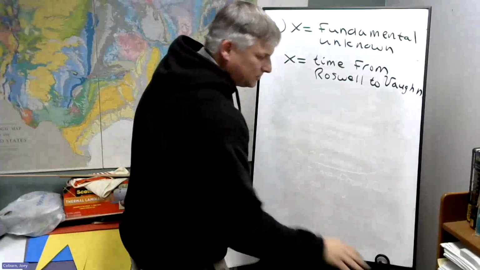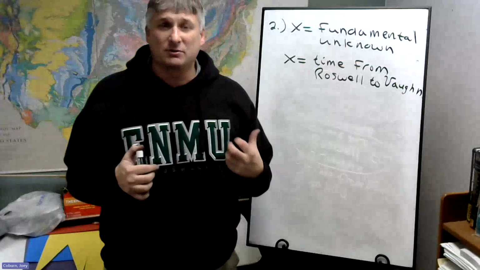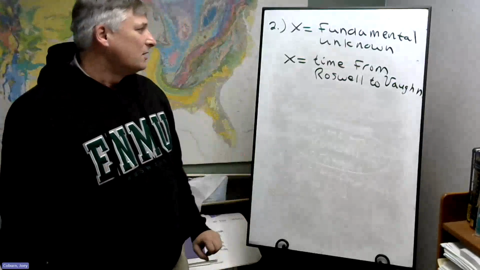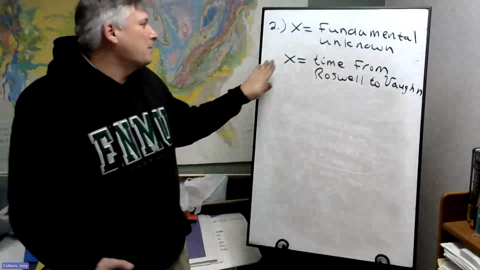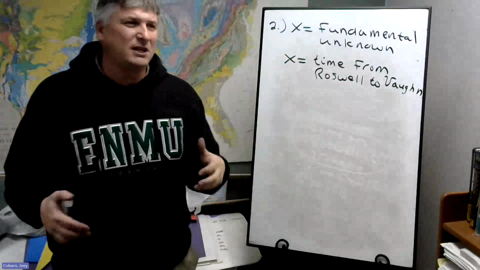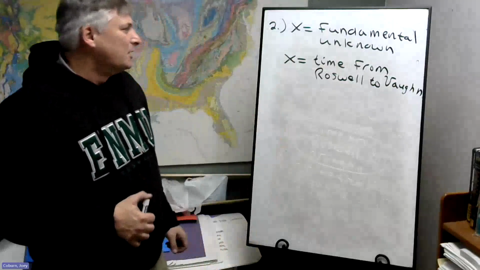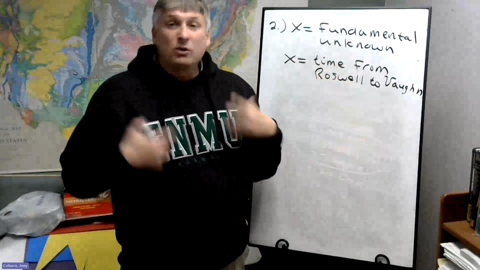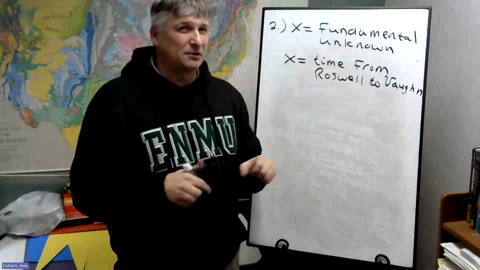So what we do, just like we take those objects when we were translating algebraic expressions or equations, let's call that object a variable. Now, you could probably call it t if you wanted to. T is usually used for time, but okay, we'll just go with x. Time from Roswell to Vaughn, we'll call that x. Now we're going to use those translation skills.